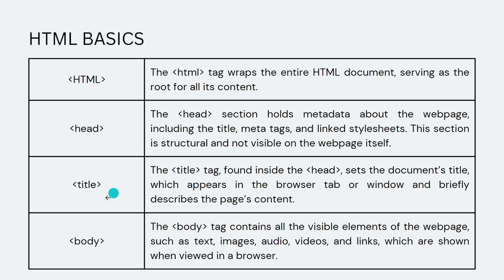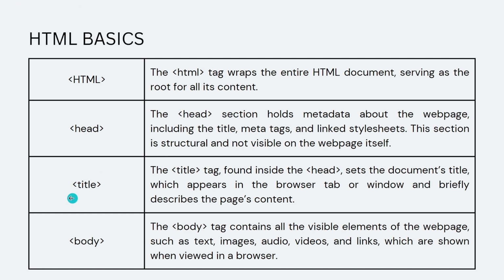Okay, the title. The title tag is found in the head and it is used to set the document's title, which appears in the browser tab or window. It briefly describes the page content. So when we open any website, then above the tab we can see that some content appears there.